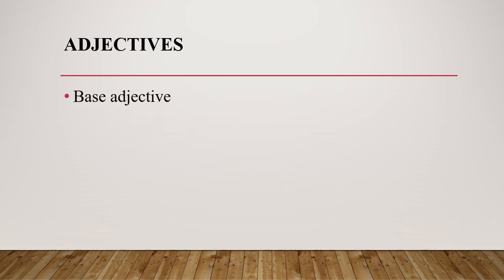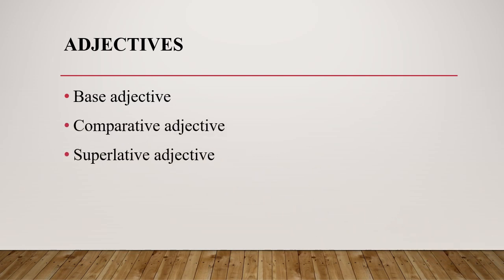Adjectives usually have also some kinds. We have some kinds of adjectives: basic adjective, comparative adjective, and superlative adjective. Let's give just an example. The word tall is a base adjective. Taller than is a comparative adjective. The tallest is a superlative adjective.